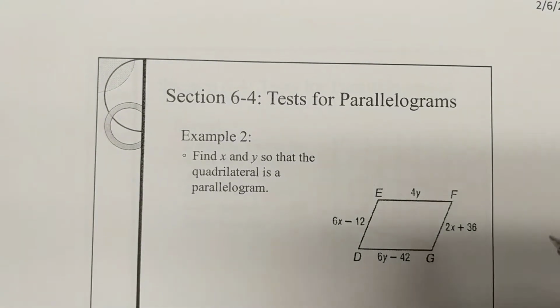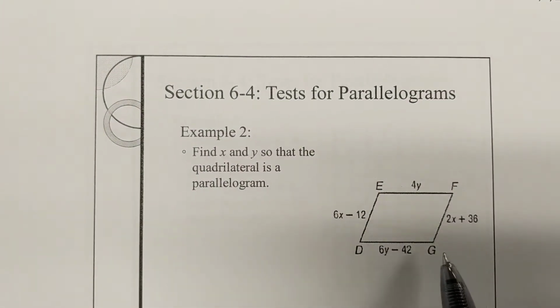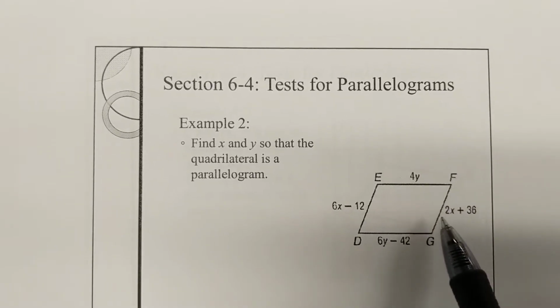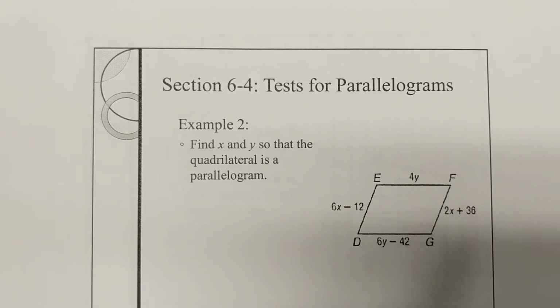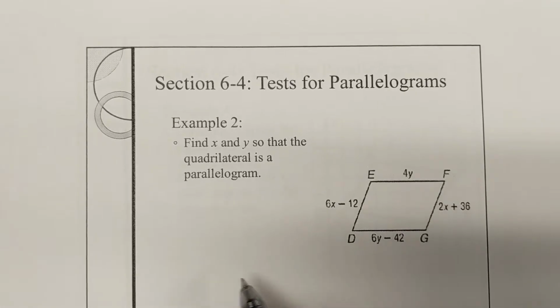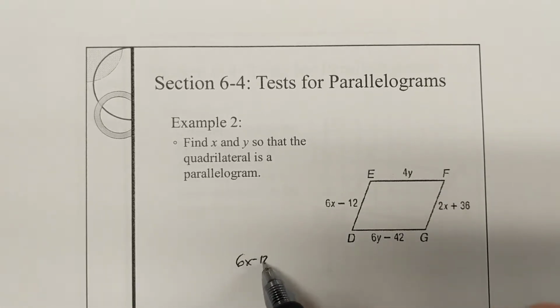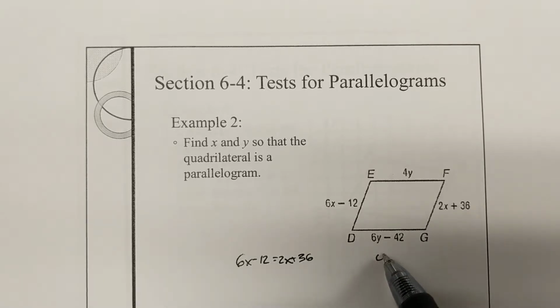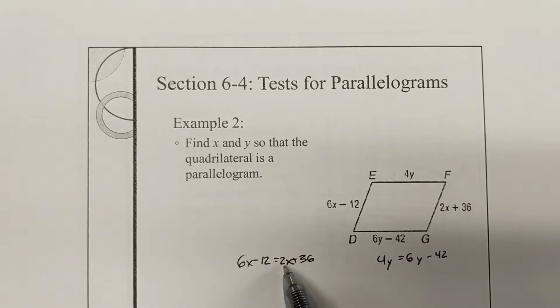So example 2 here, find x and y so that this is a parallelogram. So using sides, the sides have to be equal to each other, which means I need to solve two sets of equations. So for x, 6x minus 12 has to equal 2x plus 36. And for y, 4y has to equal 6y minus 42. So for the x's, bring this guy across, it gives me 4x minus 12 equals 36.